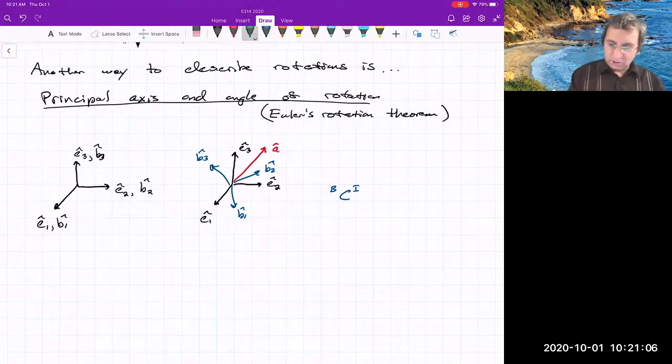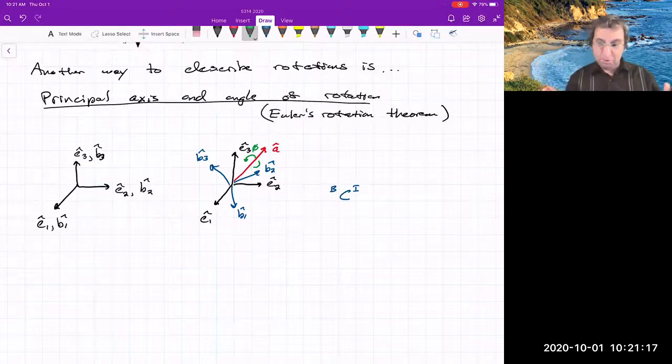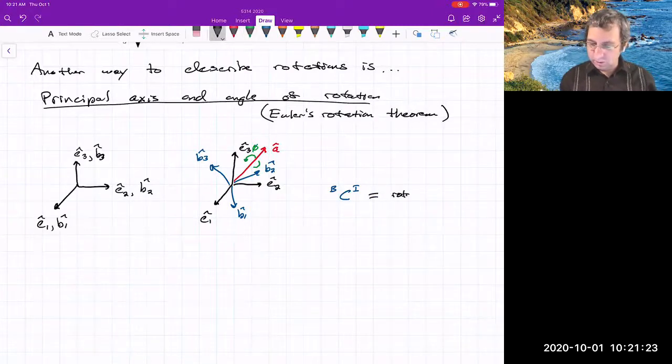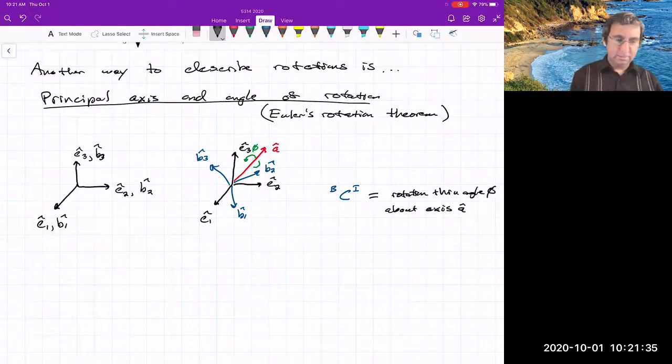And there's a rotation, usually written as phi, that describes the rotation from one frame to the other. So this equals a rotation through an angle phi about the axis a hat.